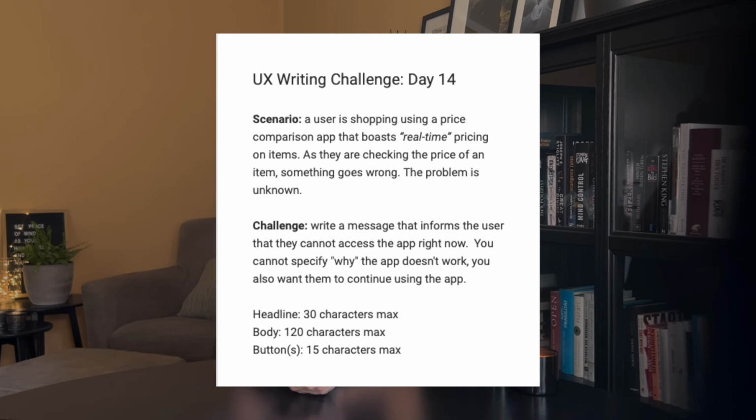So you receive a short scenario for which you should write a certain kind of UX writing text element, and then you are also given some limitations. Usually that is a character count or a time limit, and then you can write some UX writing copy and usually share it in a Facebook group or share it with the organizers of these challenges in order to get some feedback. So this is basically what these challenges are all about.